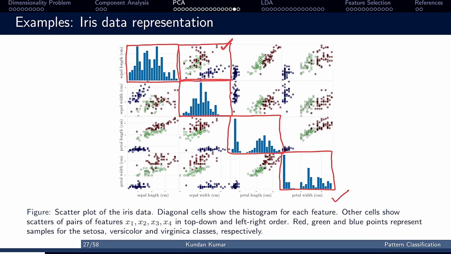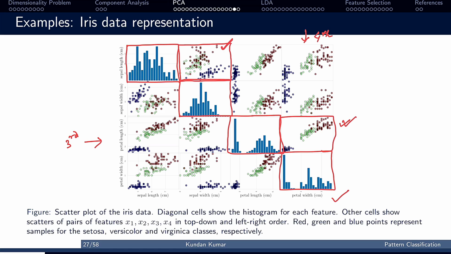Similarly, this is the third and fourth feature vector, the scatter plot of the third and fourth feature vector. In this way we can analyze which feature has what relation with the other features. Okay. So this is just for visualization, that means how one feature vector is related with another feature vector.